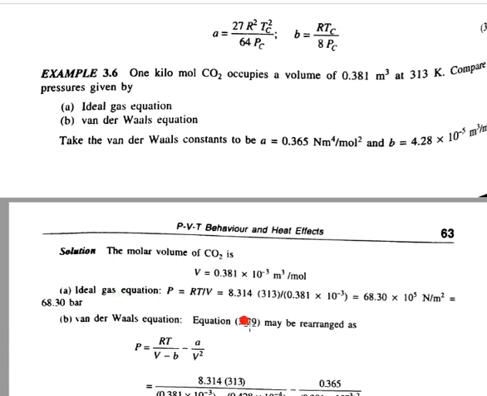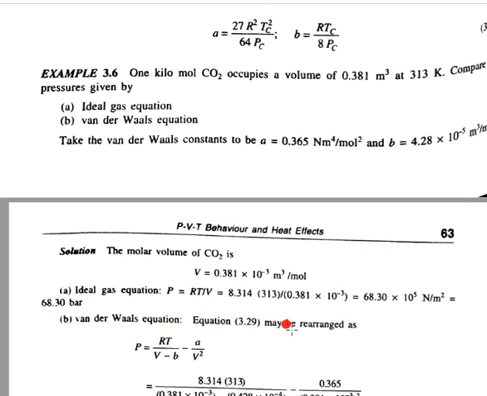So P is equal to RT upon V, where R is the gas constant, 8.314, into T. Temperature is given in Kelvin, that is 313 Kelvin, and divide by volume, 0.381 into 10 raised to minus 3. Simplifying this, the answer is 68.30 into 10 raised to 5 Newton per meter square, but we have to answer in bar, so that is 68.30 bar.